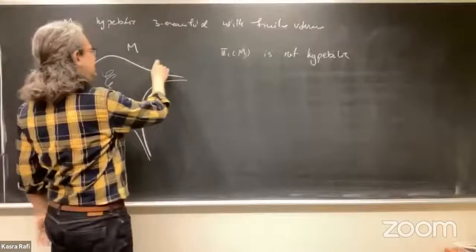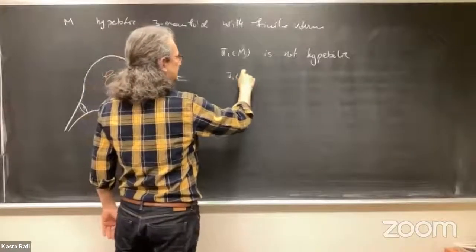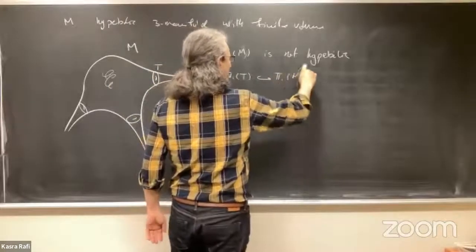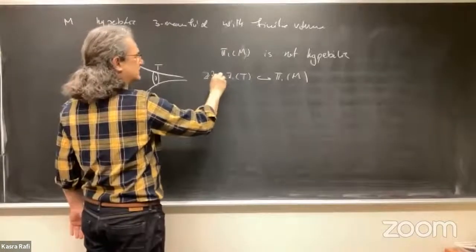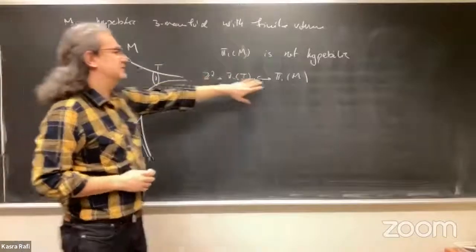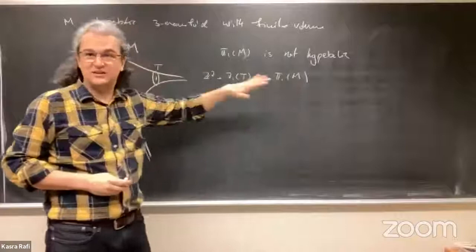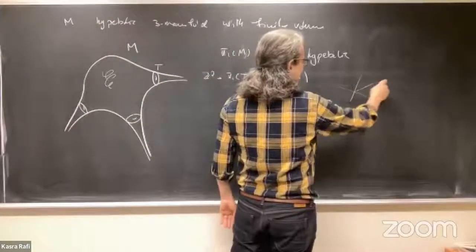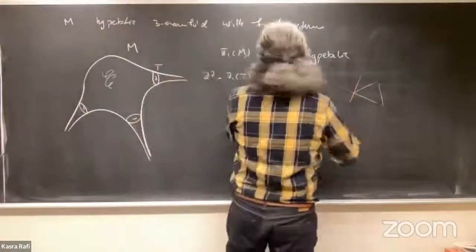If I pick a torus T, then the fundamental group of the torus embeds inside the fundamental group of M, and this is just Z^2. So Z^2 fits inside of this in an undistorted way. So they have flats, and flats are the opposite of hyperbolic, right? If you have a flat, the triangles are not thin, the projections are not contracting, and so on. So there are flats sitting inside of this group.